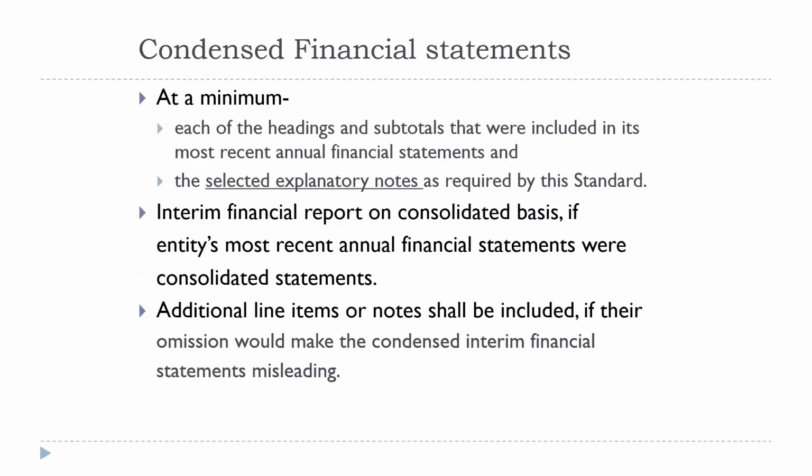We'll use the same headings and subtotals which we have used in the most recent annual financial statement published. In India's case, which is the most recent annual financial statement published? We are in November 2019. If I ask you, the most recent annual financial statement published in India was of which date? 31st March. 31st March 2019 is the most recent annual financial statement published.